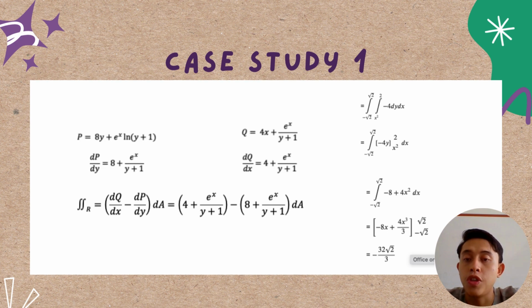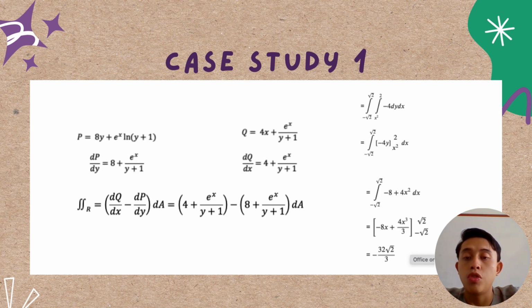Then we differentiate P with respect to y and get 8 plus e^x over y+1. For the right-hand component, Q, equal to 4x plus e^x over y+1, we differentiate with respect to x and get 4 plus e^x over y+1.